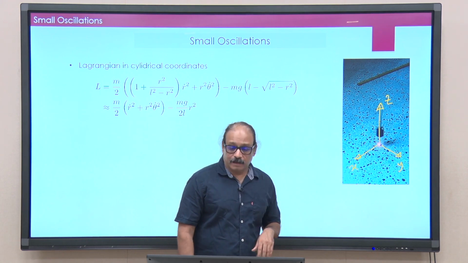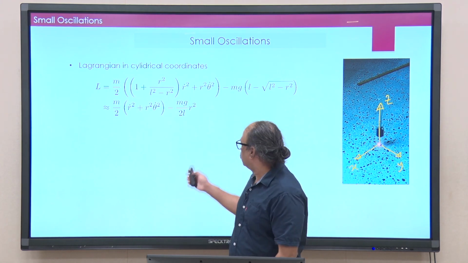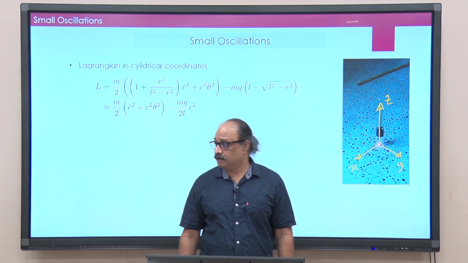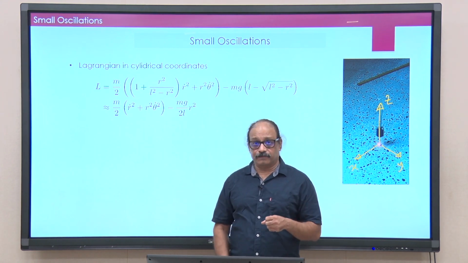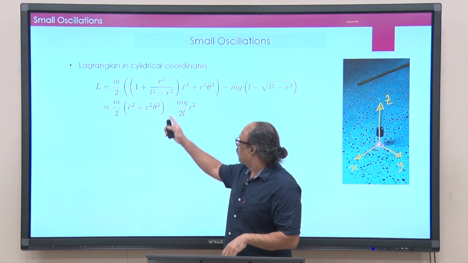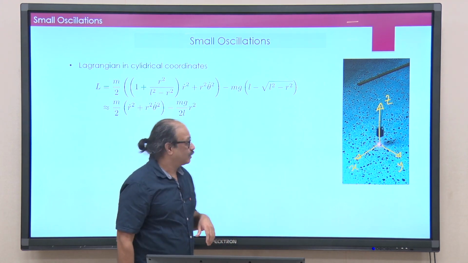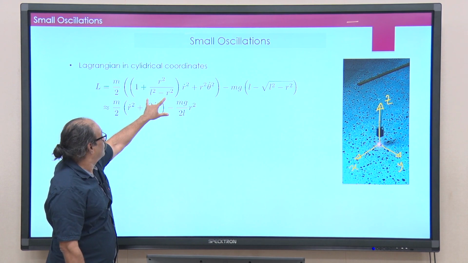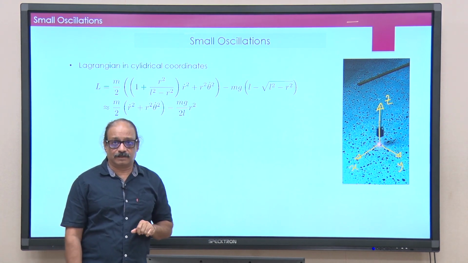Now, the Lagrangian we can immediately write down, that it should not be difficult. We are now experts in writing Lagrangian. So, the Lagrangian here will be something like this, the extra term that you get here, which is coming from z dot square.